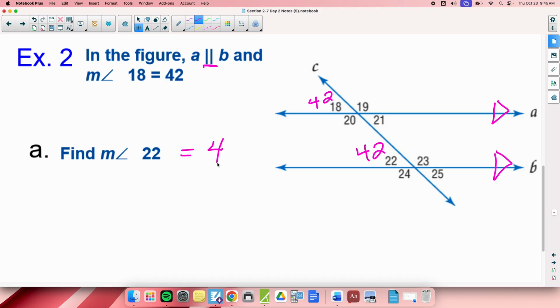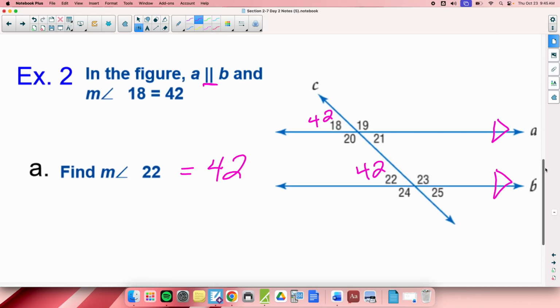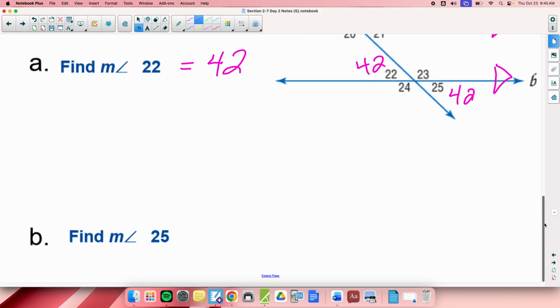So angle 22 is 42. This one doesn't ask us to say why. And then they want angle 25. What would that be? Aren't these corresponding and these vertical, right? Perfect. So this is 42, okay?